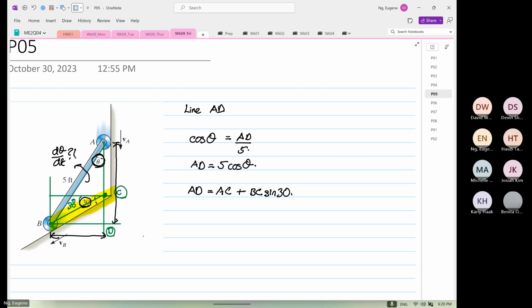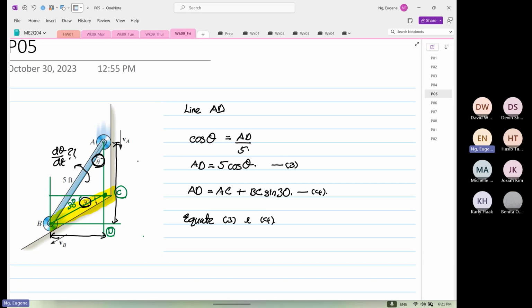So once we have this, right? So this is our equation 3 and our equation 4. Now we can equate equation 3 and 4. Now, some of you might say, Eugene, how are we going to find AC? Yes or no? Right, how can we determine AC?